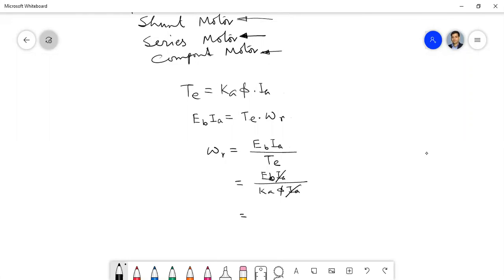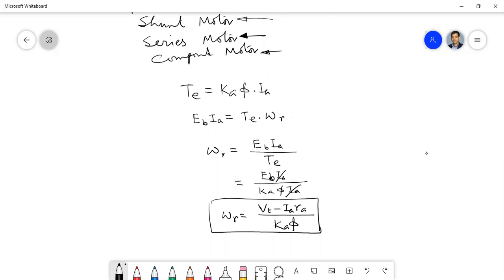What is the expression of Eb? Eb is Vt minus Ia Ra. So the expression of omega r is Vt minus Ia Ra by Ka phi.